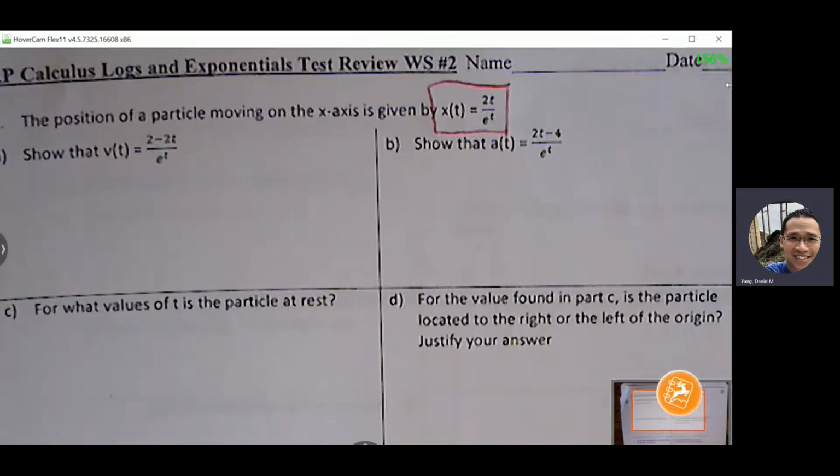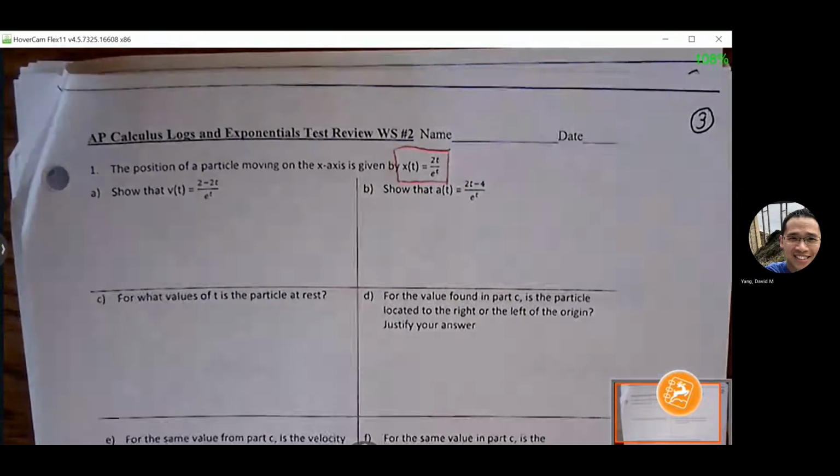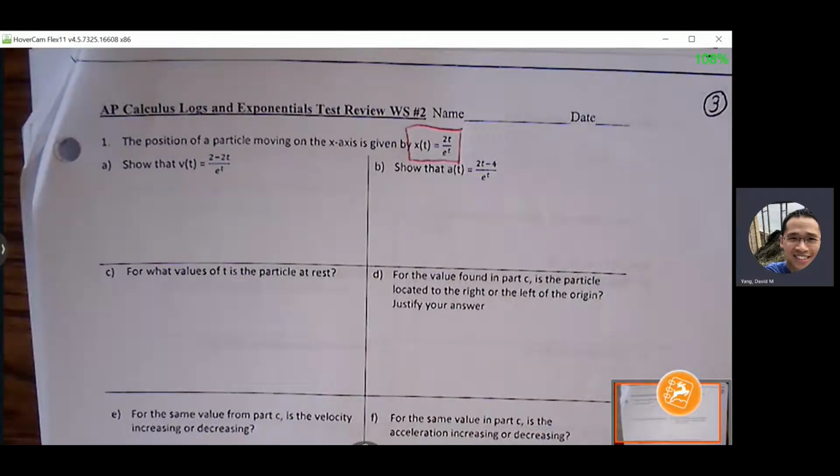Okay, so all right, we said quotient rule, right?